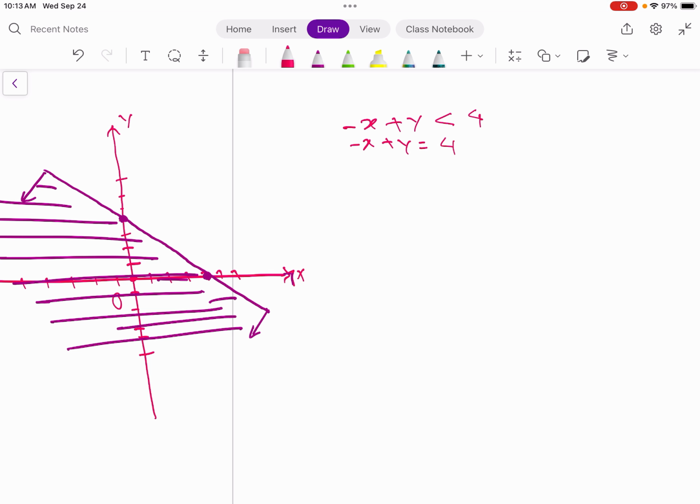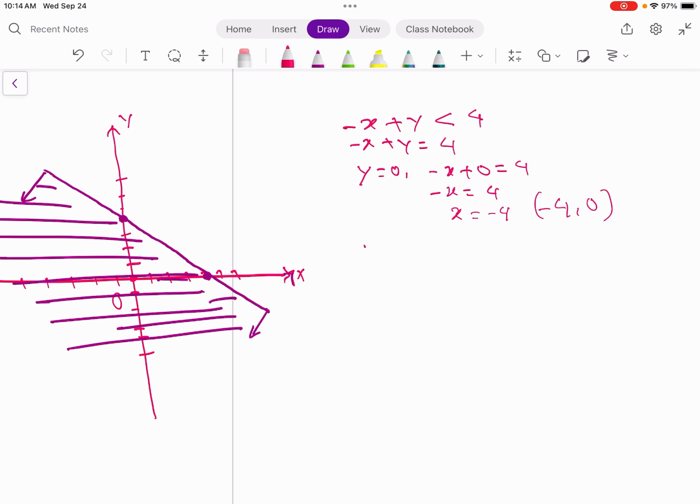Now let's find 2 points. To find those 2 points, we substitute y equals to 0. So we have negative x plus 0 equals to 4, negative x equals to 4, and x equals to negative 4. So 1 point is negative 4, 0.